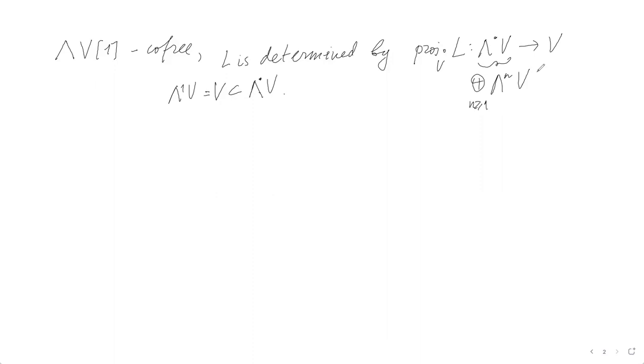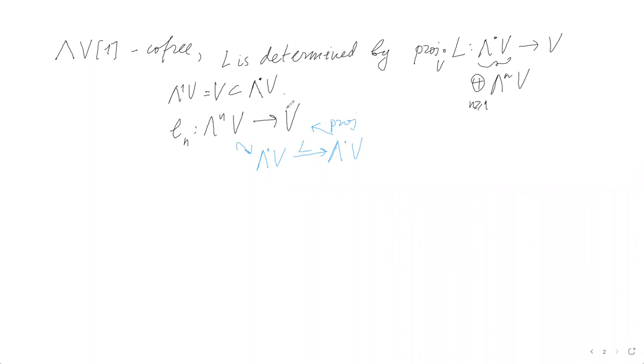Then this projection is actually uniquely determined by the maps Ln from lambda n V onto V. So it's just a composition of inclusion into lambda dot V, then taking L of this sort into V, and then taking the projection.